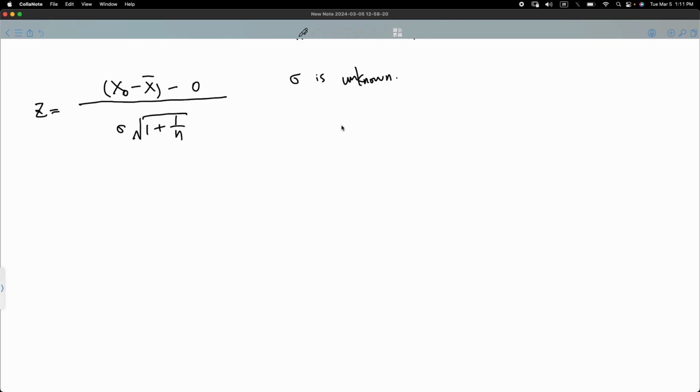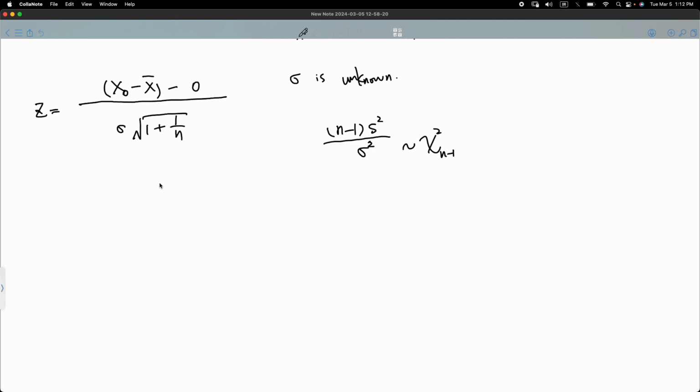Another piece of information that we're going to use is that n minus 1 multiplied by the sample variance over the population variance follows a chi-square distribution with degrees of freedom n minus 1. Okay, so this is another piece of information that we can use.